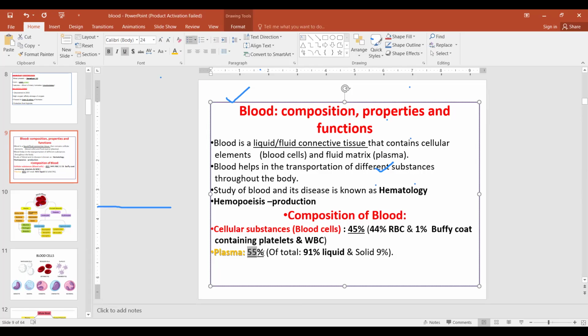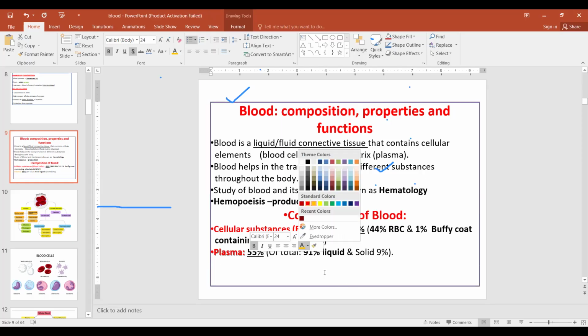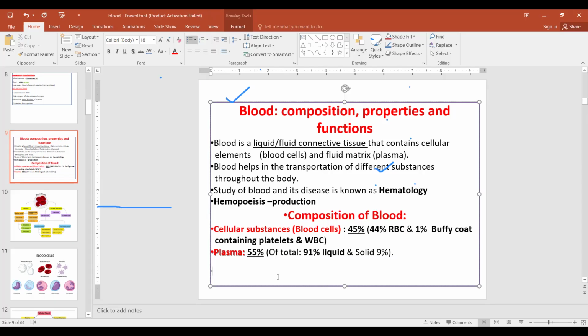And about 55% of total blood is made up of plasma, a yellowish fluid. Due to the presence of red blood cells, it appears red in color. When you separate it, it is slightly yellowish. Okay, so that is a basic thing.